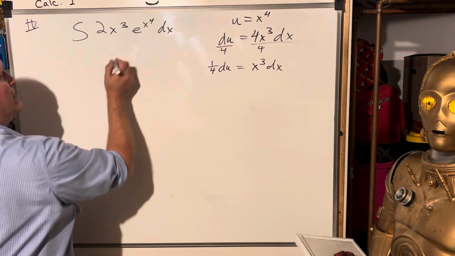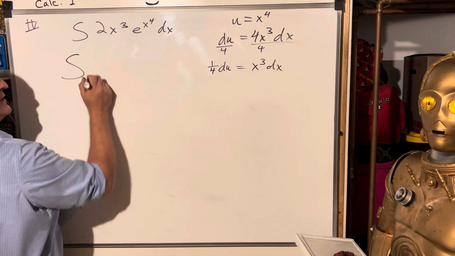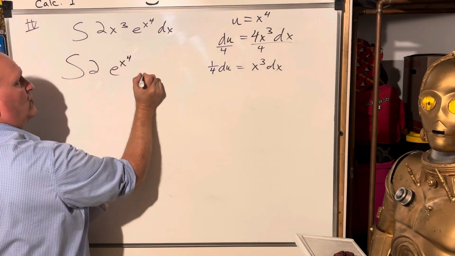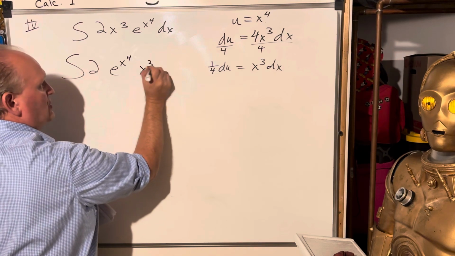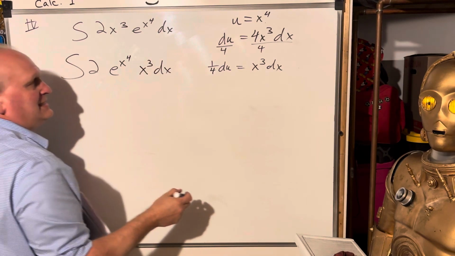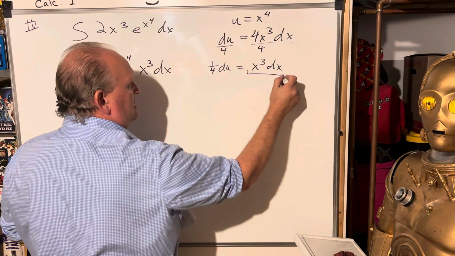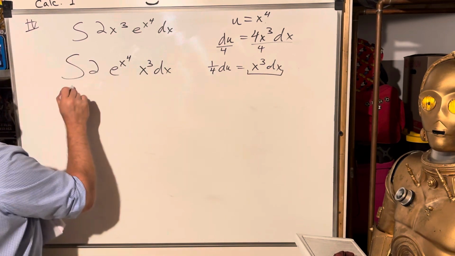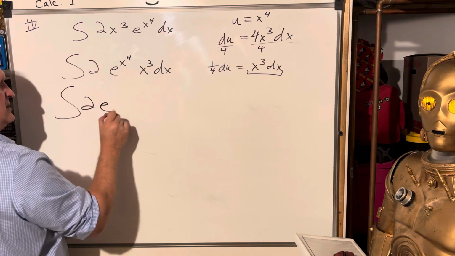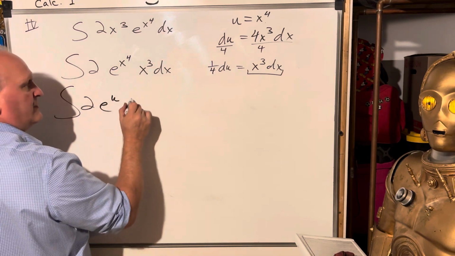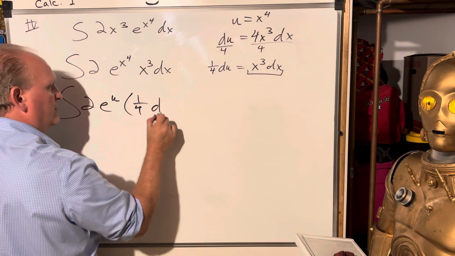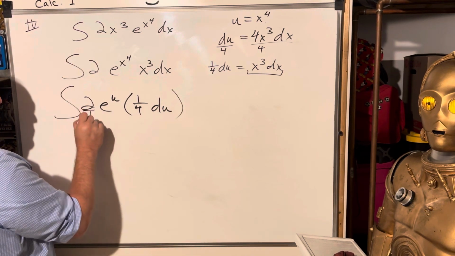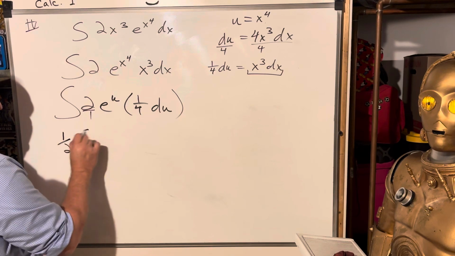And again, we can rearrange this if it's a little easier for you. We'll leave the 2, we'll leave the e to the x to the fourth, and then we'll say x to the third dx. And now you can see the substitution. We're going to take this, and we're going to pop that in there. See how those are the same? So let's put in our u's. And now we got the 2 there still, so it's 2/4 or 1/2.